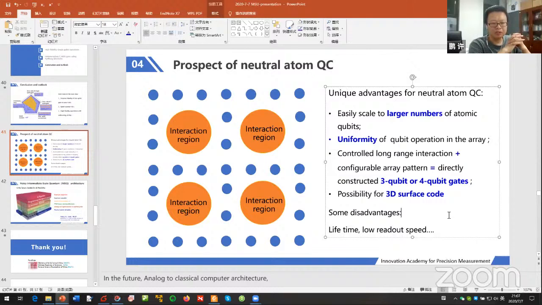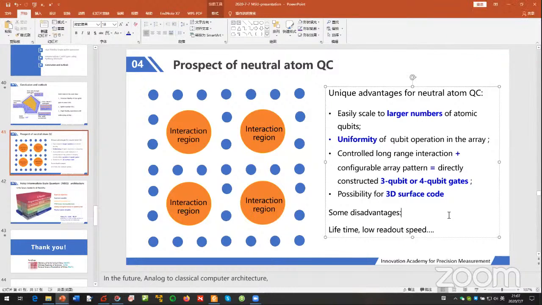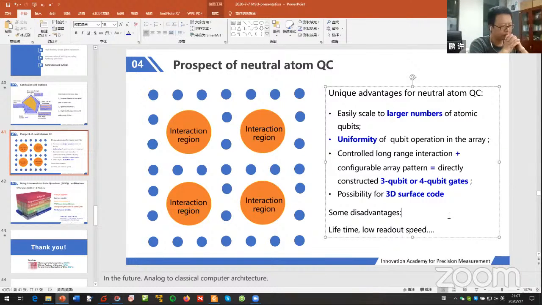Yeah, using a spatial light modulator to construct the 3D trap array, and then move the atoms in each plane, one by one, to construct the defect-free 3D atom array. That was, I believe, the dream of the optical lattice community at the beginning of 2000. They wanted to build such a thing.